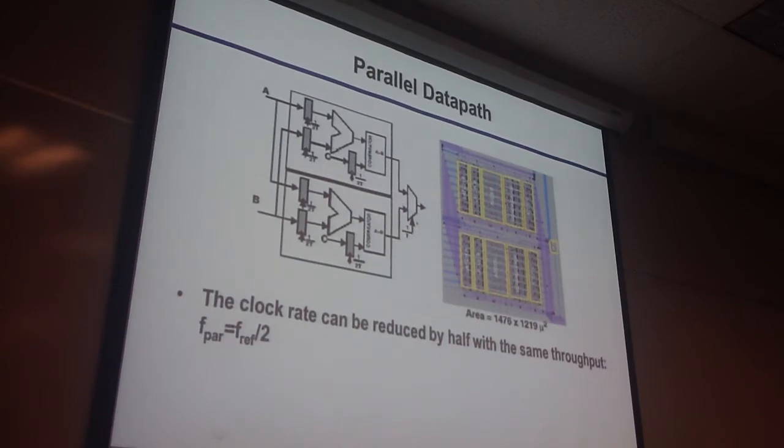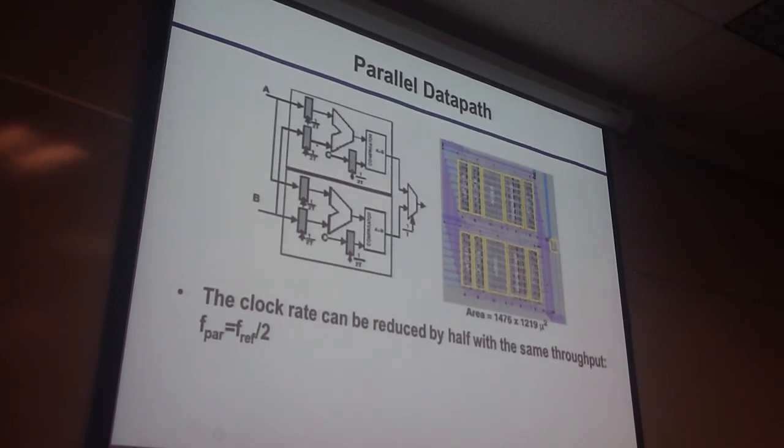Because now you have 2 of them, if you want to maintain the same throughput, what do you have to do? Both of them are doing the same thing, so you can decrease the frequency by 1/2. Instead of sampling every t seconds, you can sample at every 2t seconds, correct?